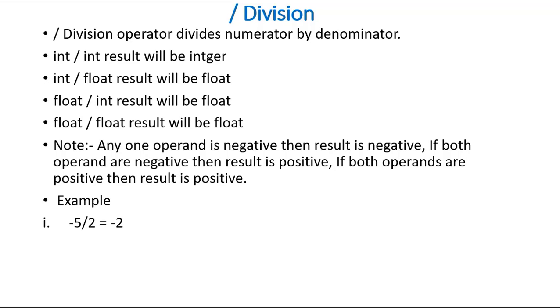If both have the same sign, either positive or negative, then result will be positive. But here we can clearly see that numerator has negative sign, denominator has positive sign, hence result is negative. Let's understand with one practical example.